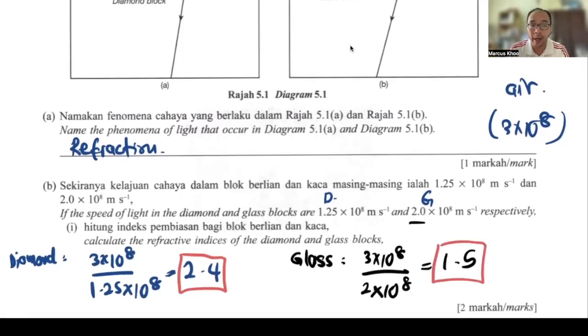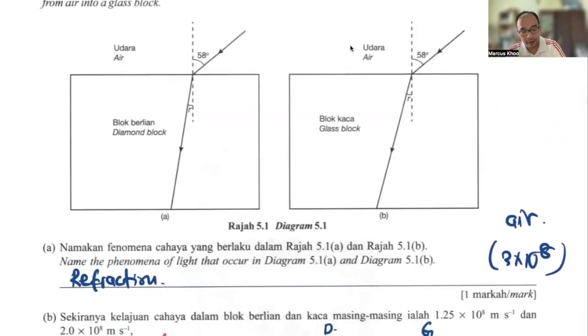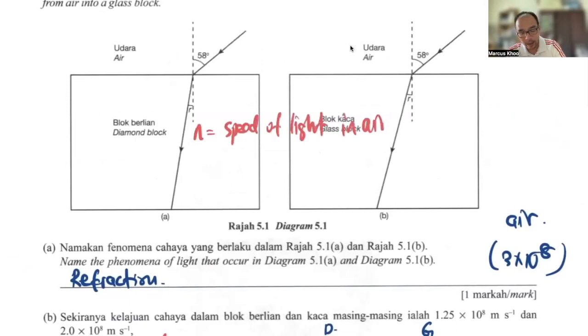If you do the calculation and the refractive index is smaller than 1, then know that you have probably inverted it. So just to remind you, if you're counting refractive index, refractive index is speed of light in the air over speed of light in medium.